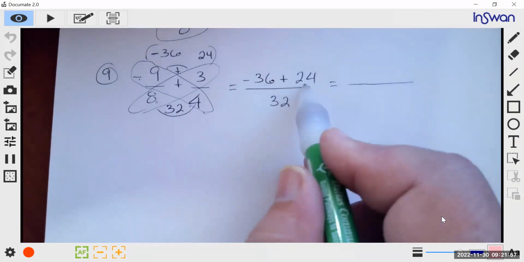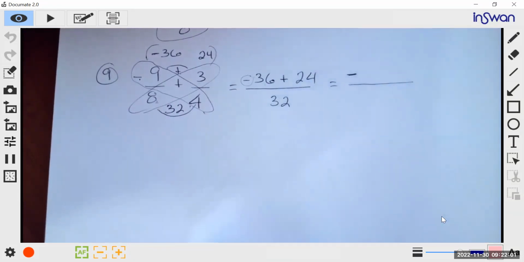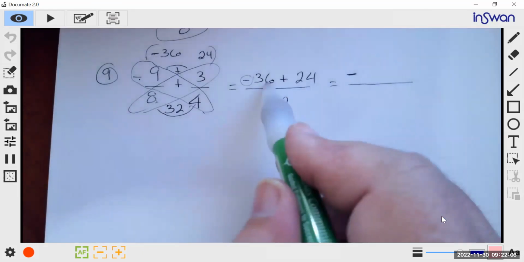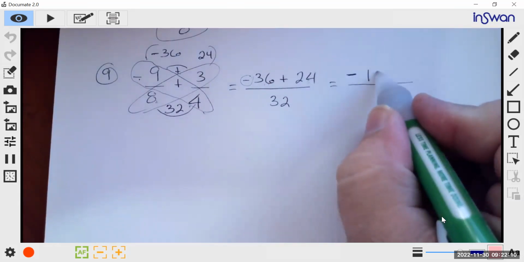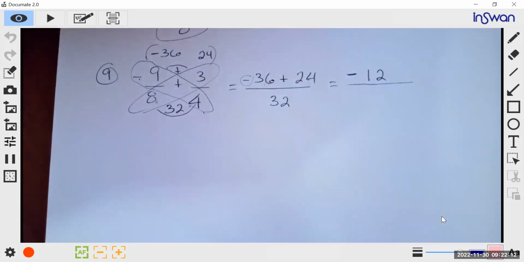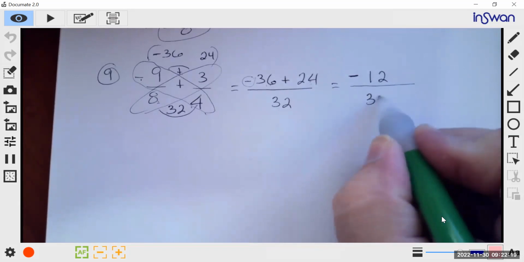Since 36 is bigger than 24, I take its sign. So the top answer is going to be negative. Now I subtract 36 minus 24 equals 12, over 32.